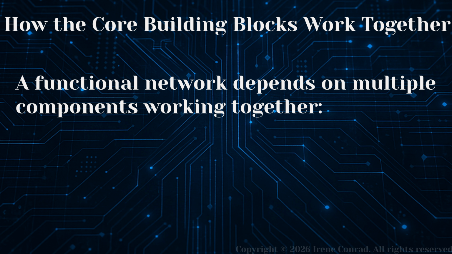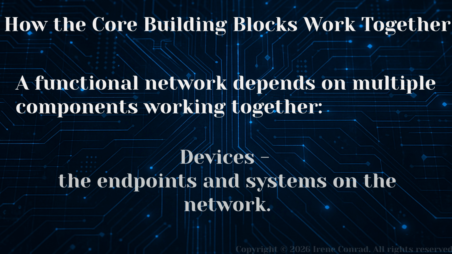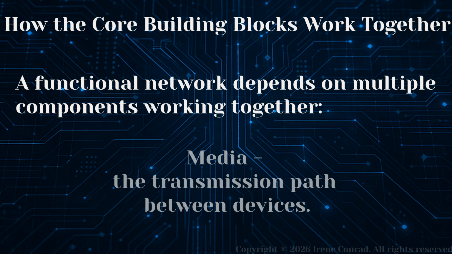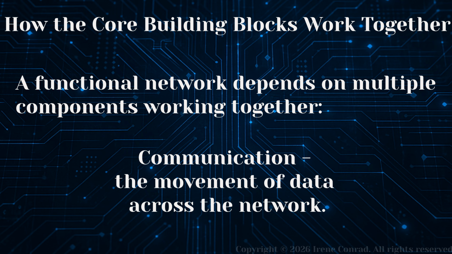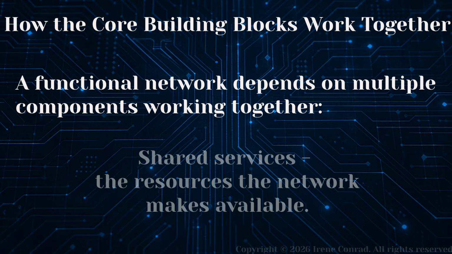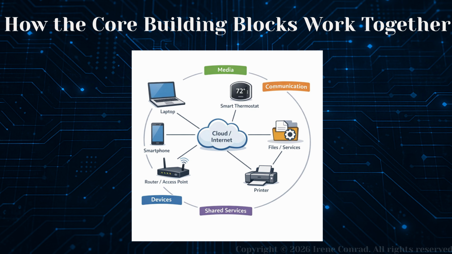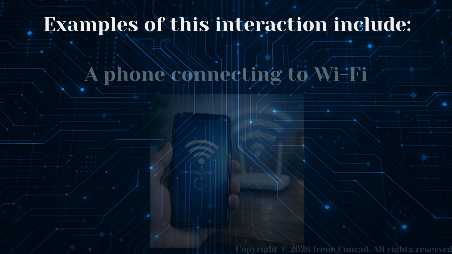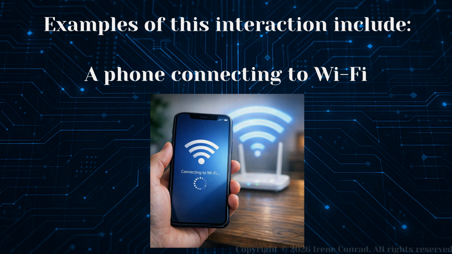So let's put all this together. Devices are the things on the network. Media is the path between them. Communication is the movement of information. Shared services are the useful resources the network makes available. When these pieces work together, a network becomes something powerful. A laptop can reach a website. A phone can join Wi-Fi.